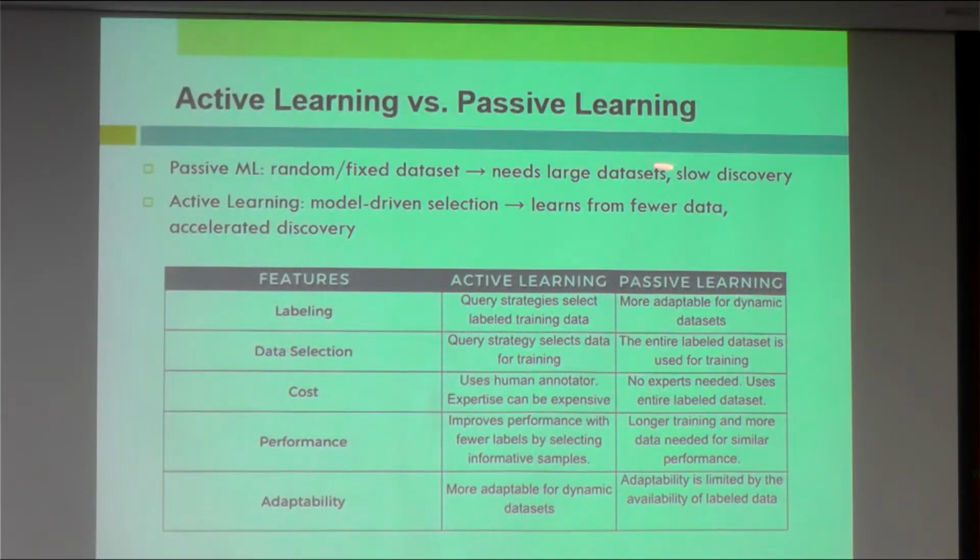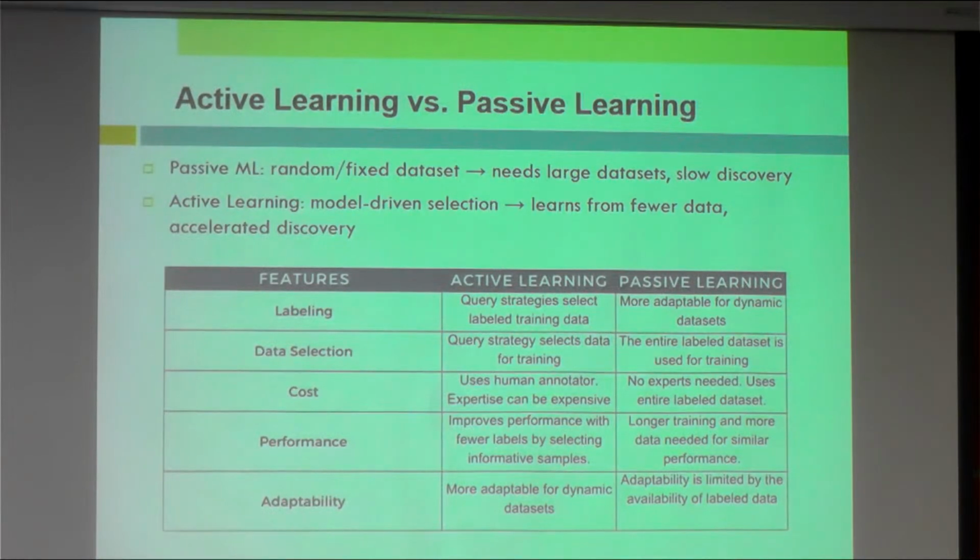And you might need a lot of data in order to be convinced and to know that certain properties are acceptable. And of course, as I mentioned before, it's a slow discovery in order for you to get the information.